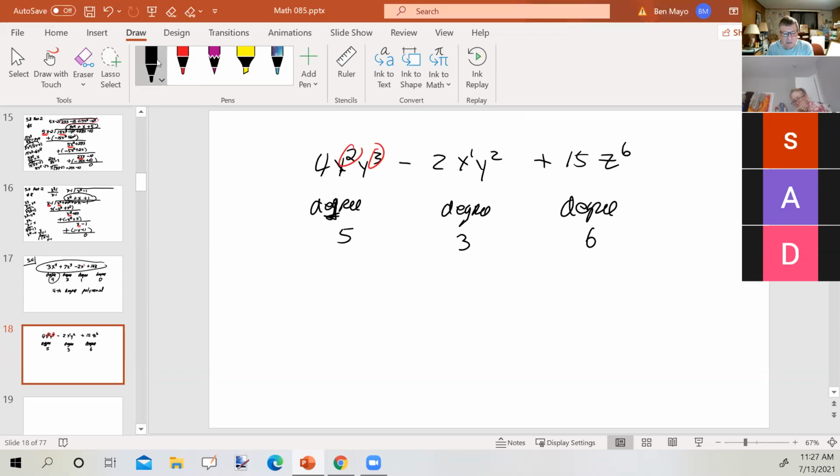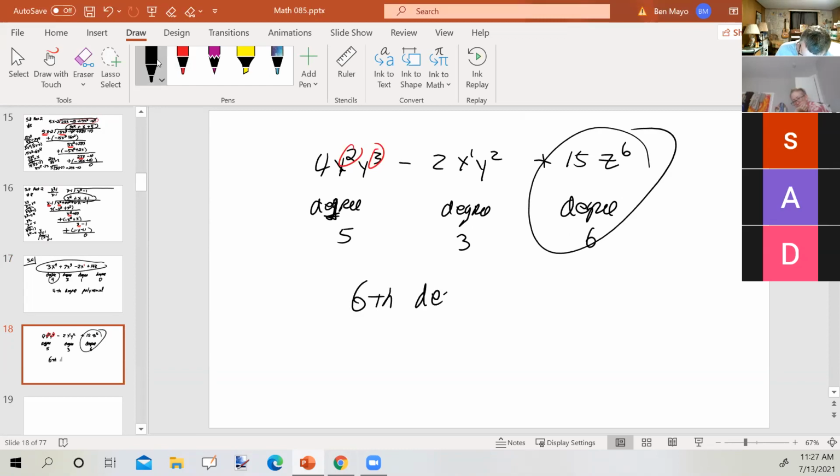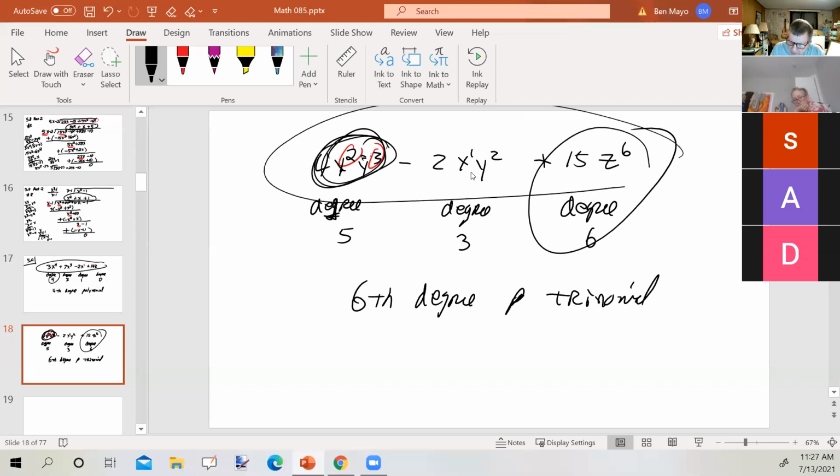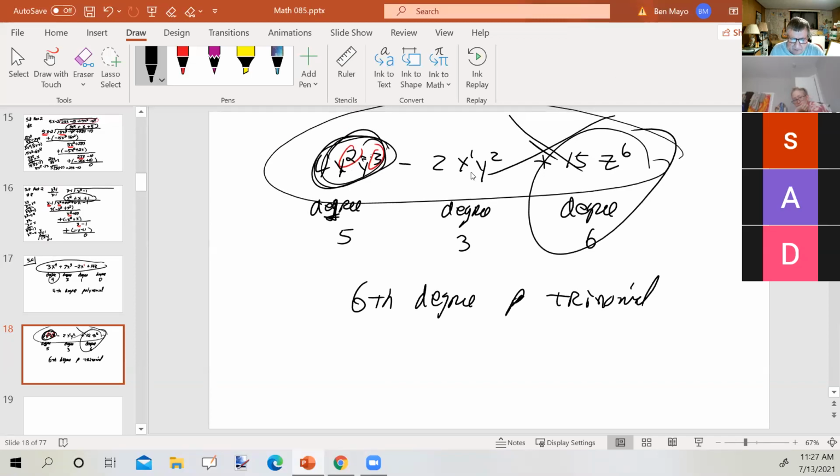Okay, so term by term, those are the degrees. Which of these terms has the highest degree? This one. So this is a 6th degree trinomial. Now, where people get mixed up, because we had to add these very exponents together to get the degree of the term, they carry that over and they say, well, the degree of the whole thing, they add up all the exponents, and that's not correct, okay?